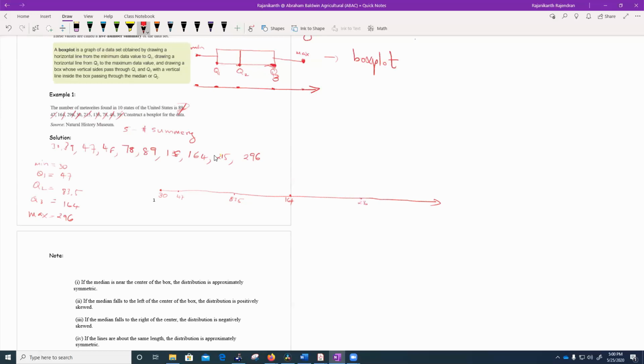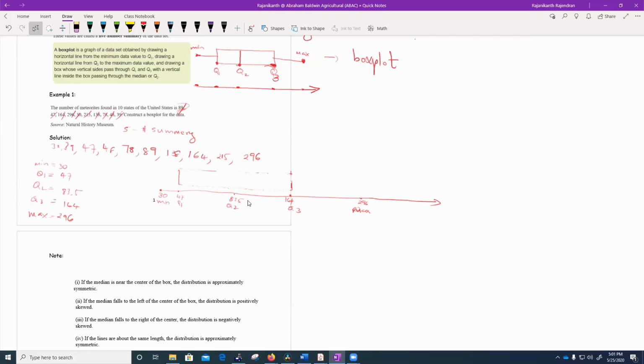Now remember, this is my minimum, this is my Q1, this is my Q2, this is Q3, this is the max. The method says that you need to first draw two vertical lines through Q1 and Q3, then draw a box with those two lines.